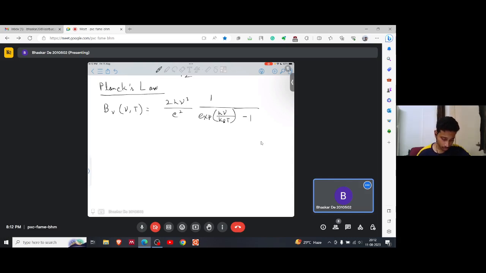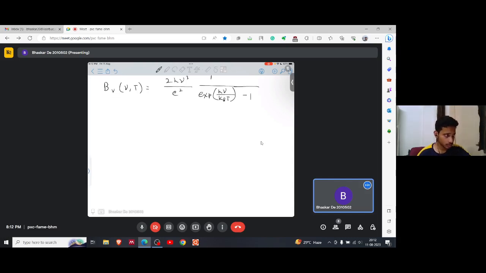Now you may have seen this Planck's law in terms of different variables.